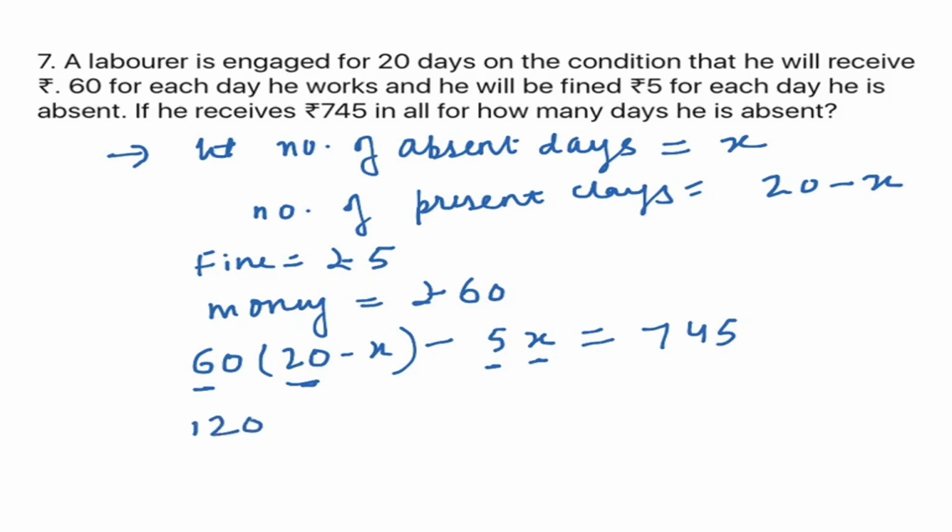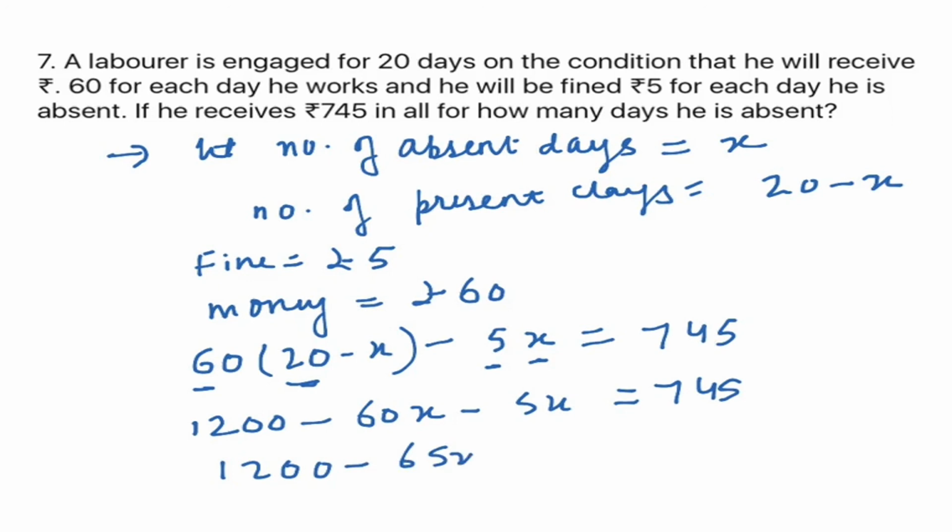It will give us 1200 minus 60x minus 5x equals 745. 1200 minus 65x equals 745. Now we will transpose 745 to the left hand side, 65x to the right hand side.